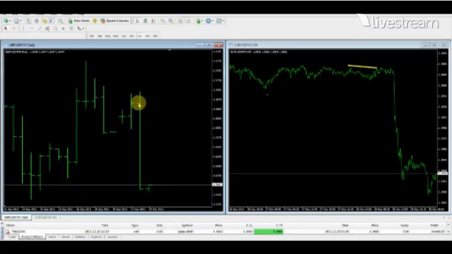Here's the open, the rally up, or Judas, that we saw today, and then down, and then closing at or near the low of the day.